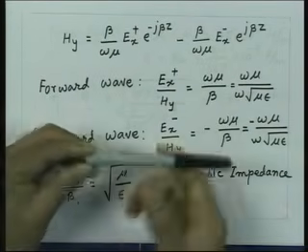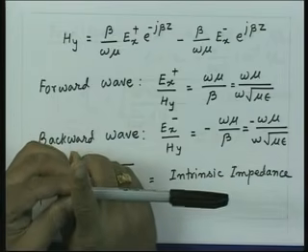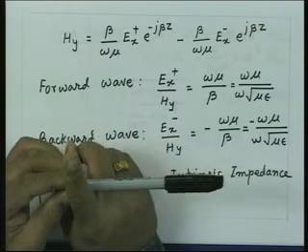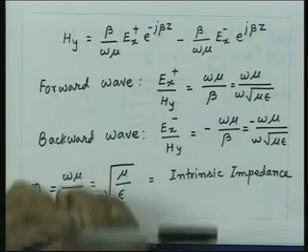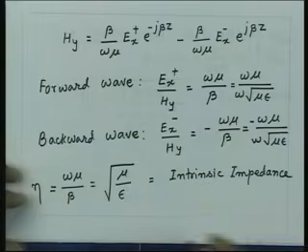So, for an electric and magnetic field which are now perpendicular to each other, one has x component, one has y component, if the wave is a forward travelling wave, then the ratio of these two is equal to the characteristic impedance or the intrinsic impedance. If the wave is travelling backwards, then the ratio of these two is the negative of the intrinsic impedance.